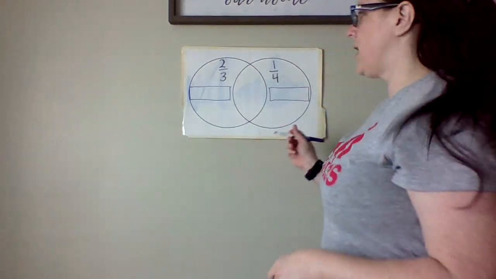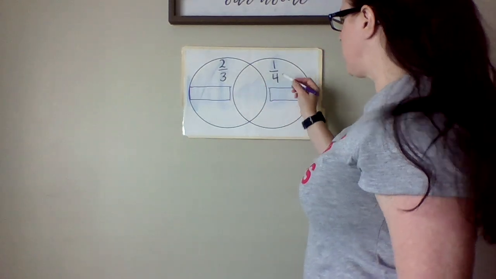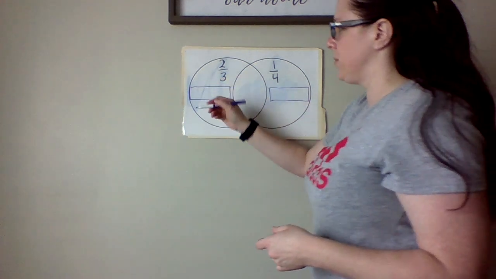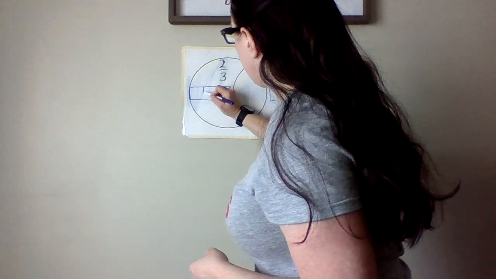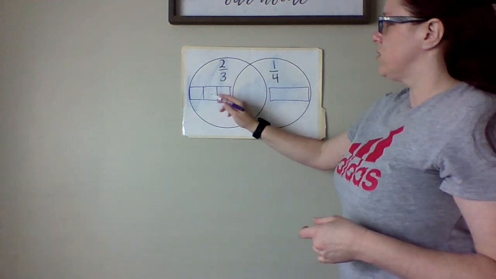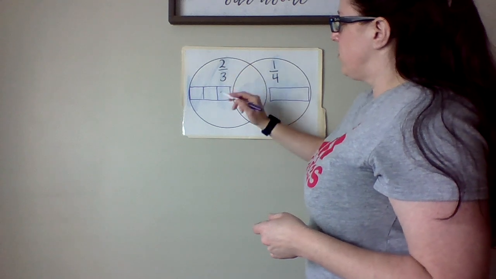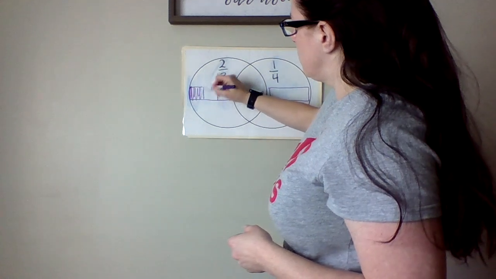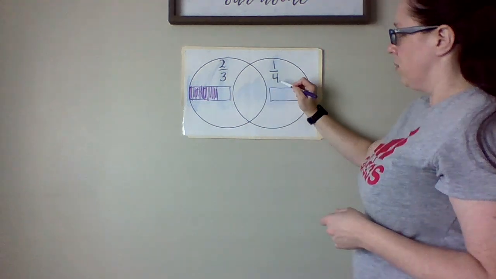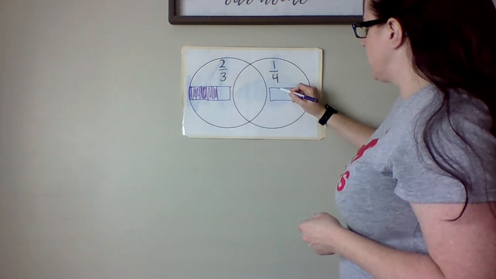Okay, for the next one, I have the fractions 2/3 and 1/4. I already copied my boxes, so now I know I need 3 parts. That means I need 2 lines. So I kind of have to see, okay, I need about right there. 1, 2, 3 parts. 2 of them are shaded, so I've got 2/3. And then we've got 4 parts here, so that means I need 3 lines.